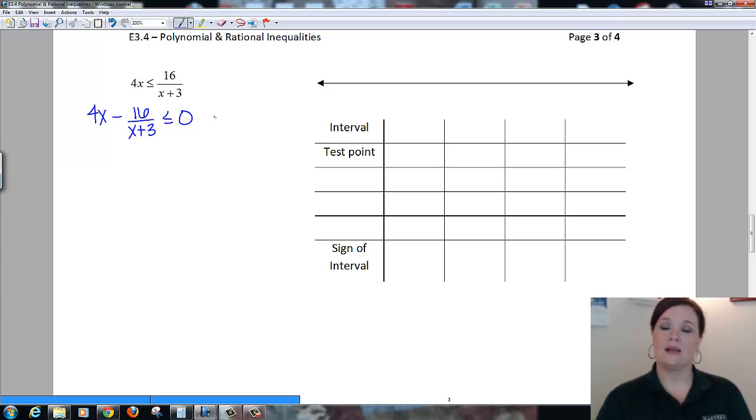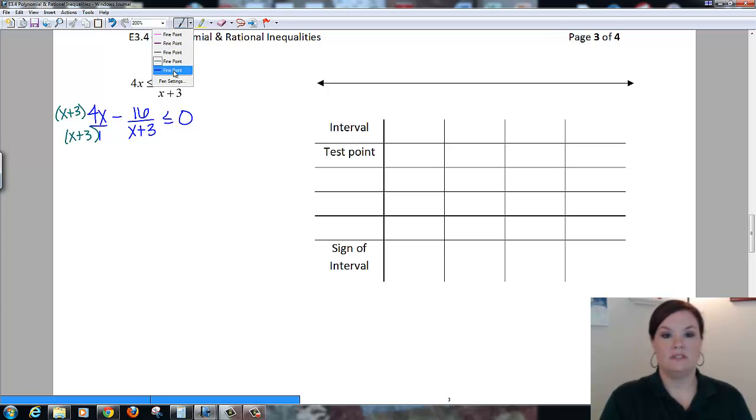Now I need to go ahead and combine these. When I combine these, I need a common denominator. So I'm going to write this as 4x over 1. And here my common denominator would be x plus 3. So I'm going to go ahead and multiply this first one by x plus 3 on top and bottom so that I have that common denominator.